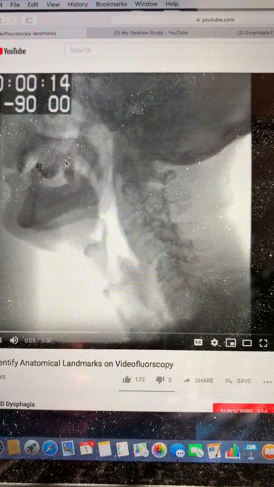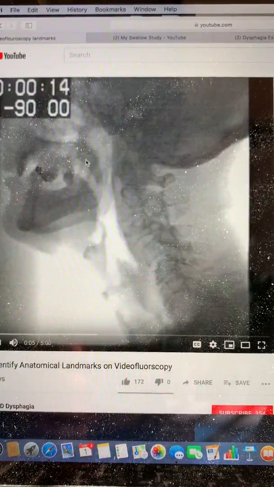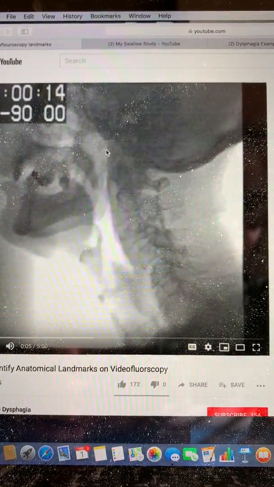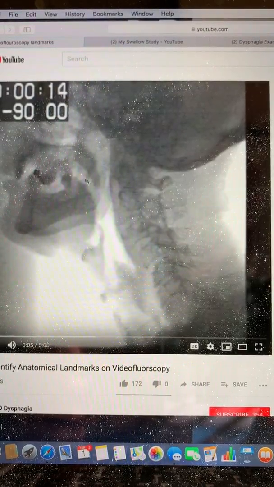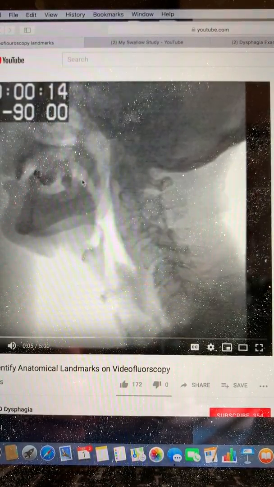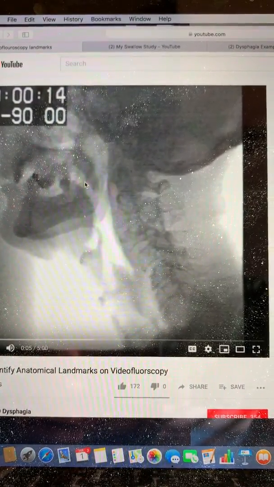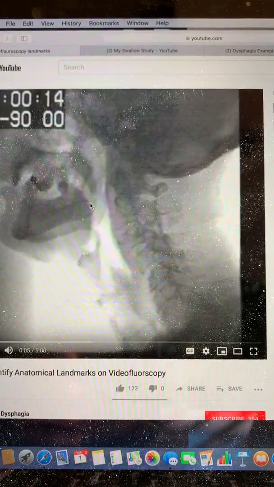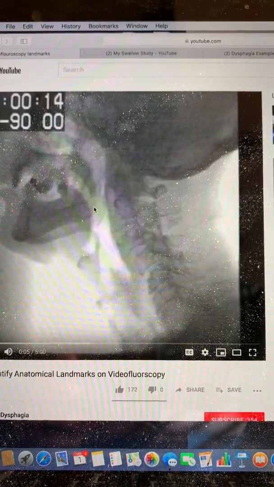So anyways, the bolus is being formed, the tongue is up, creating a little slide, the soft palate is up, hitting the pharyngeal wall, and thus either the faucial arches can trigger the swallow, or when the bolus is all the way back here, it can trigger the swallow. Sometimes it's different on people.